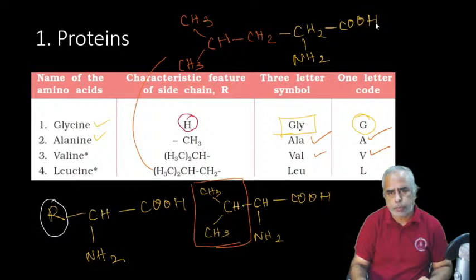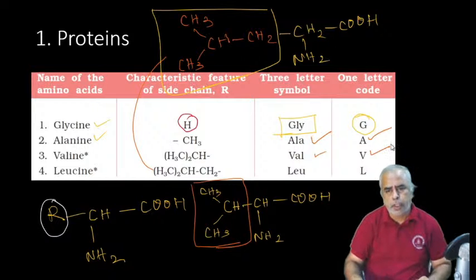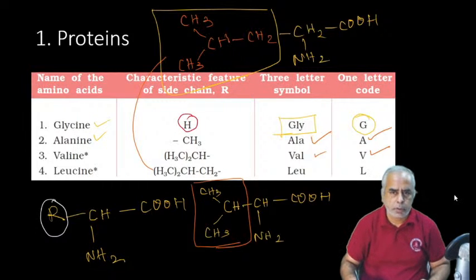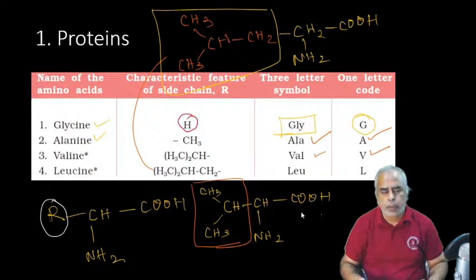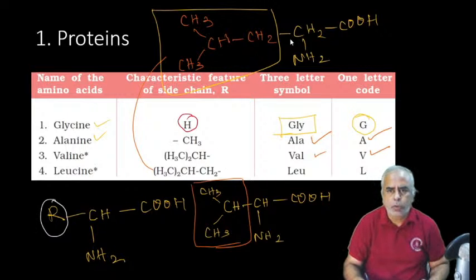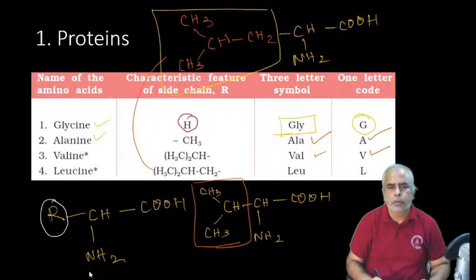That's all. So this is the R part. So based on the R part, we are able to get different types of amino acids. Do you understand this? Right. And then, I should put only CH here because it will affect the tetravalency. Okay. So CH.